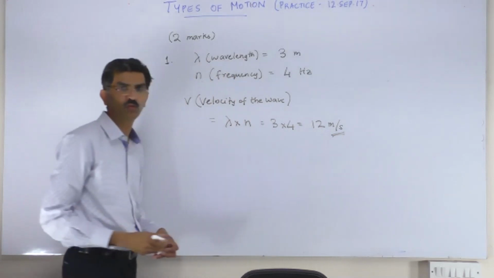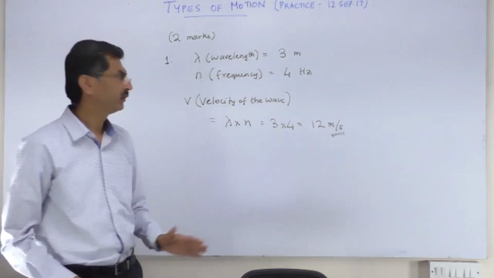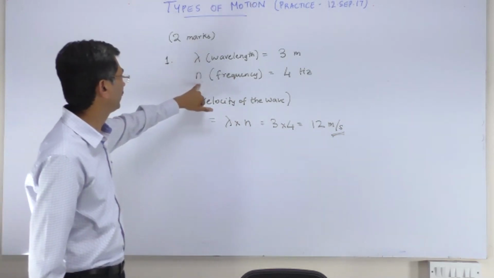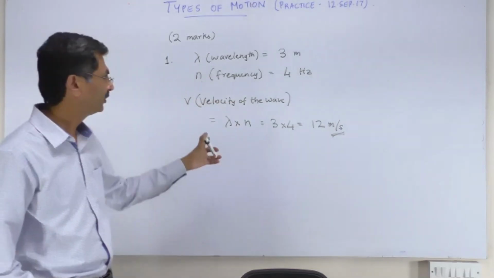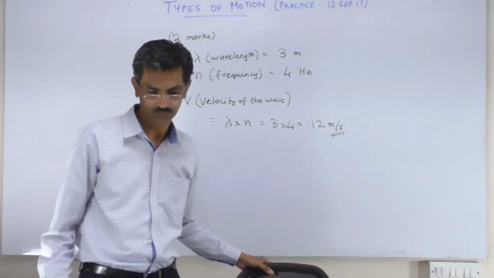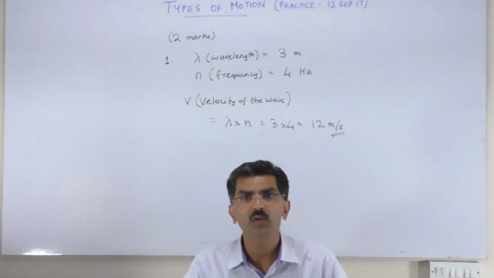Remember, velocity has to be expressed in terms of meters per second. And we multiplied the wavelength of the wave and the frequency to get the velocity of the wave. This is the answer to the question. Please write that down before we move to the next question.